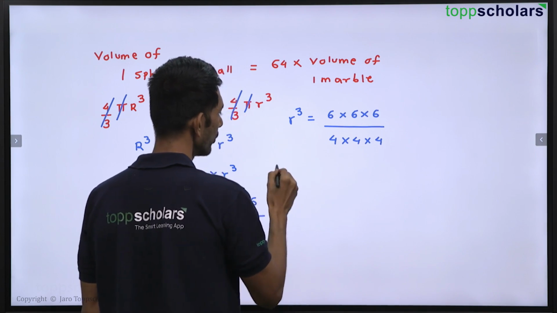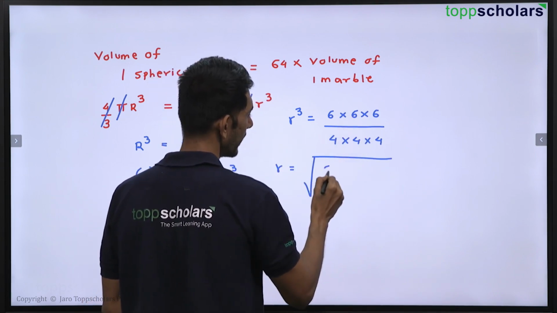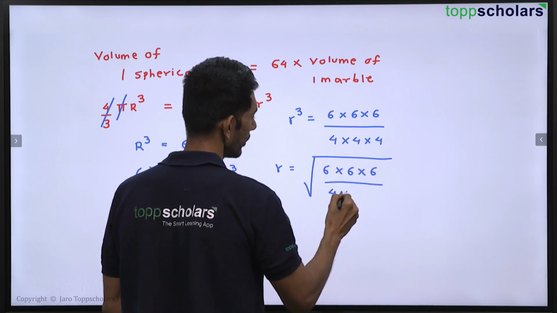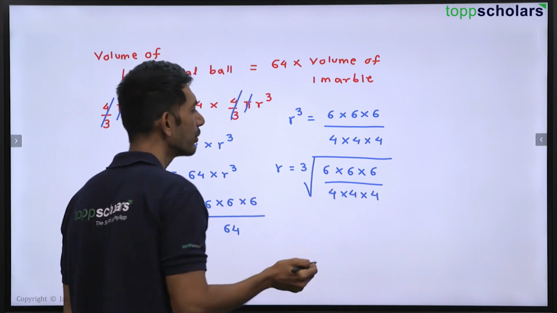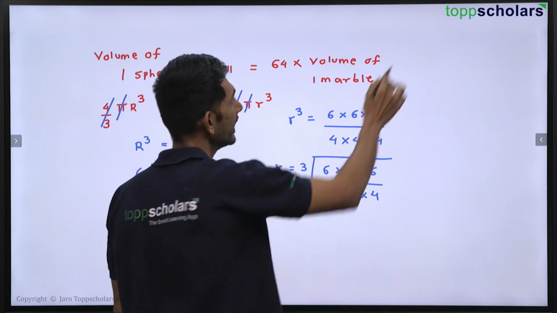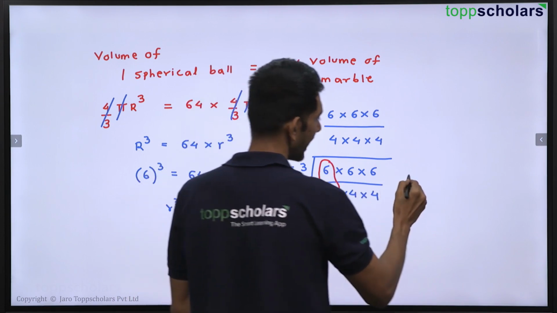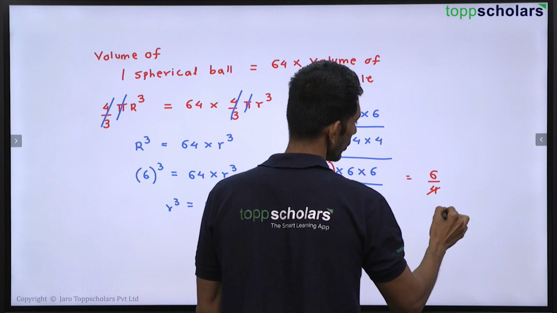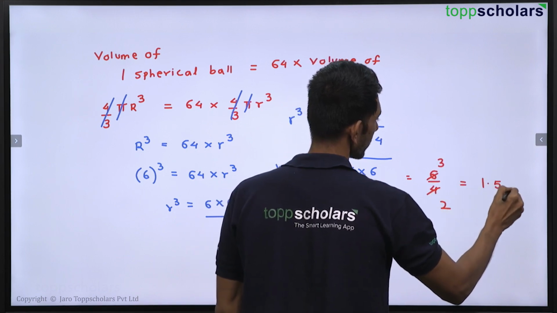So if I take cube root on both the sides, I can say r is equal to the cube root of this part, that is 6 into 6 into 6 divided by 4 into 4 into 4, and we are taking the cube root, right? So only, this is repeating 3 times, so only one part will be remaining. So that gives you 6 by 4. If I divide this by 2, 2 2s are 2, 2 3s are 3, divided by 2 is 1.5.